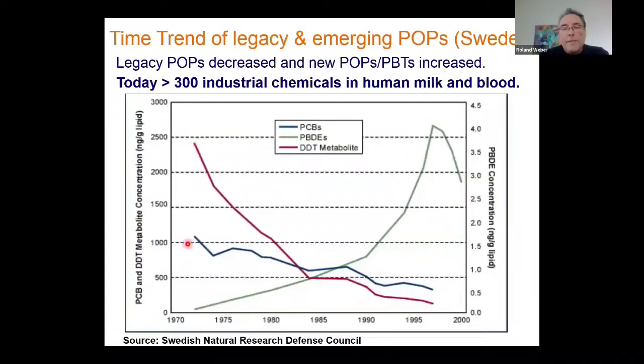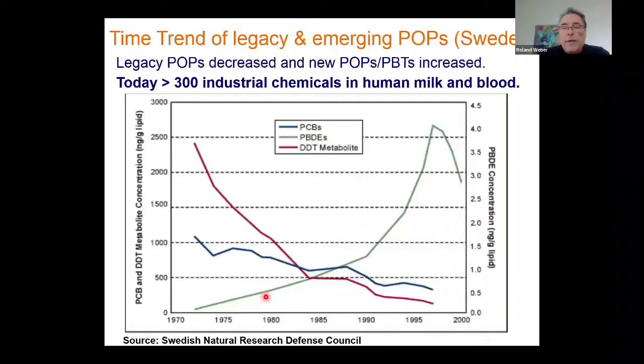We have seen that for DDT, for example, in human milk in Sweden, measured for POPs from the 1970s to 2000, DDT and PCBs have decreased over time.